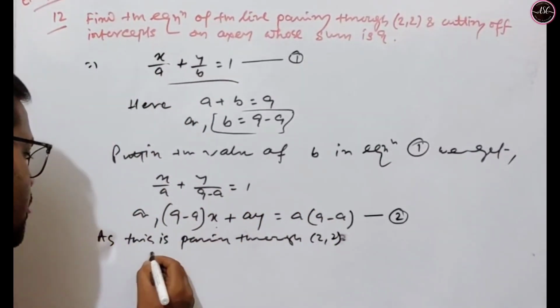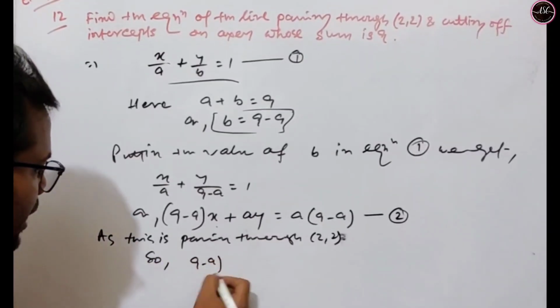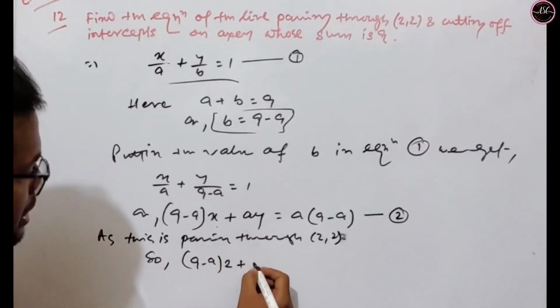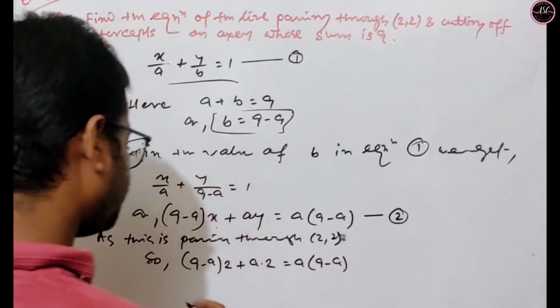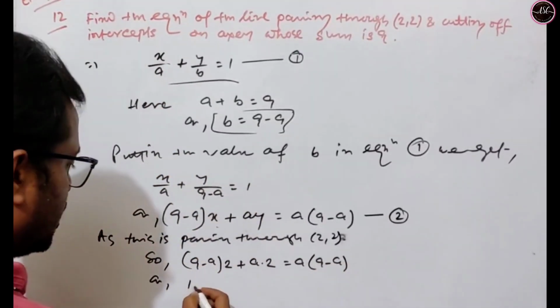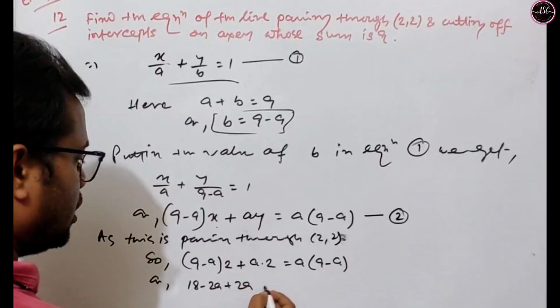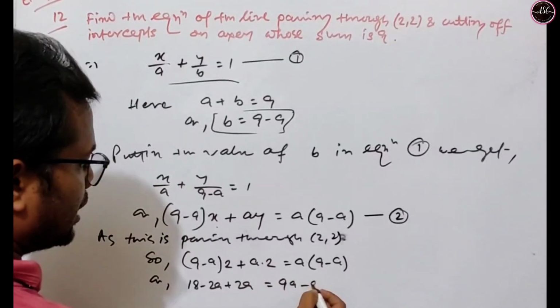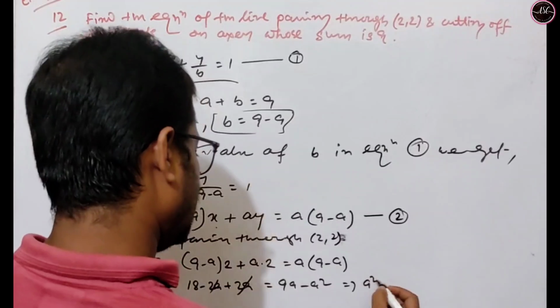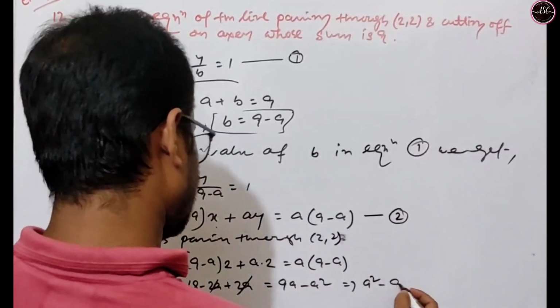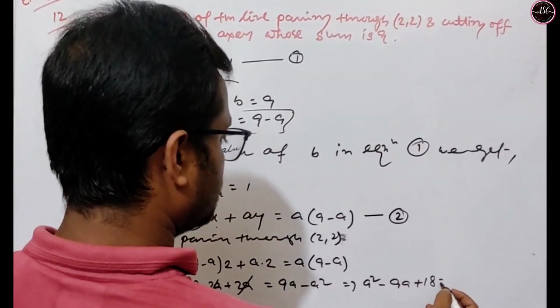So we have (9 minus a) into 2 plus a into 2 equal to a into (9 minus a), or 18 minus 2a plus 2a equal to 9a minus a square, which implies 2a will be cancelled out: a square minus 9a plus 18 equal to 0.